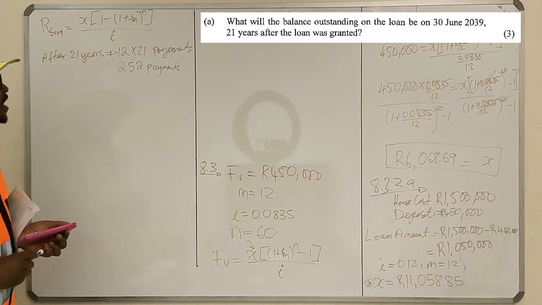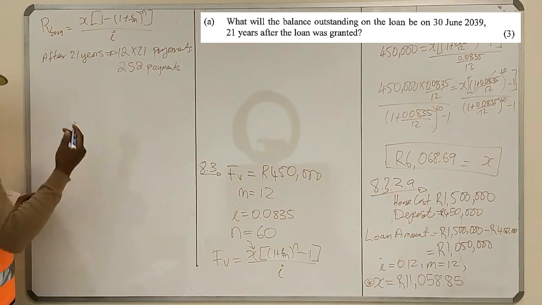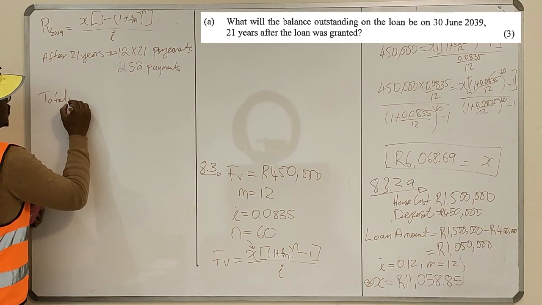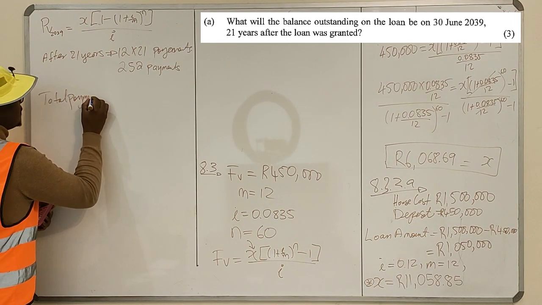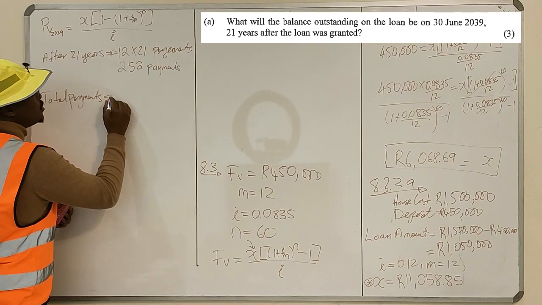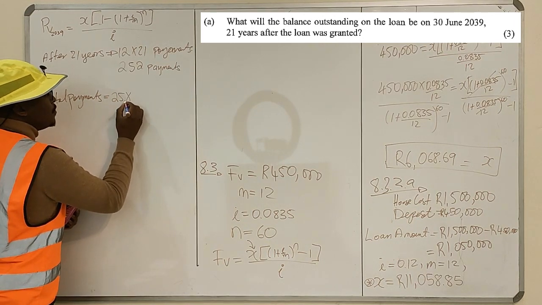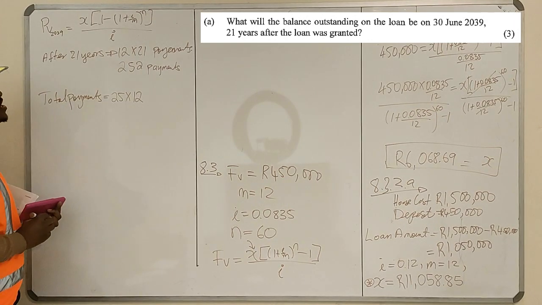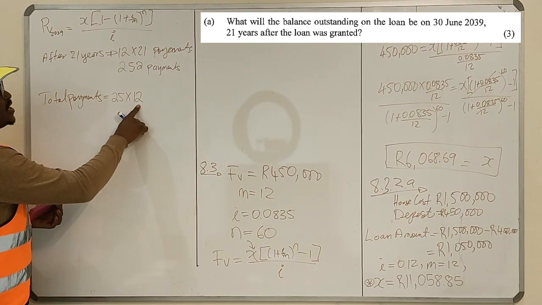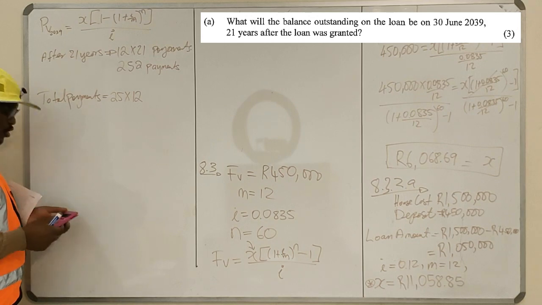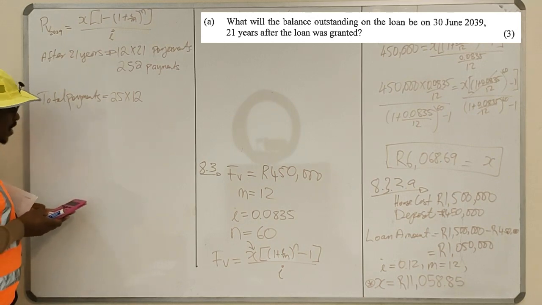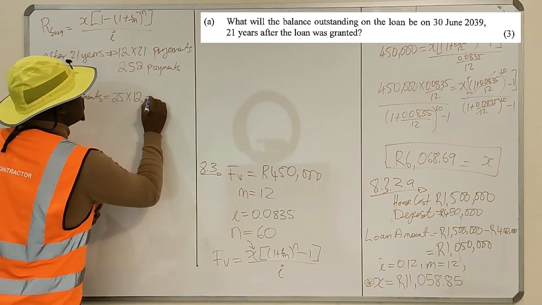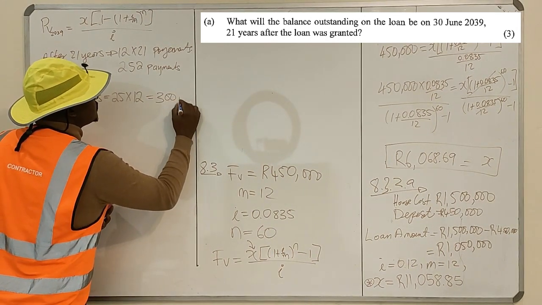So in total, our guy is expected to make how many payments? Total payments should be 25 years times 12, which means this guy is making 12 payments every year for 25 years. So in total, he is expected to make 12 times 25, which is 300 payments.